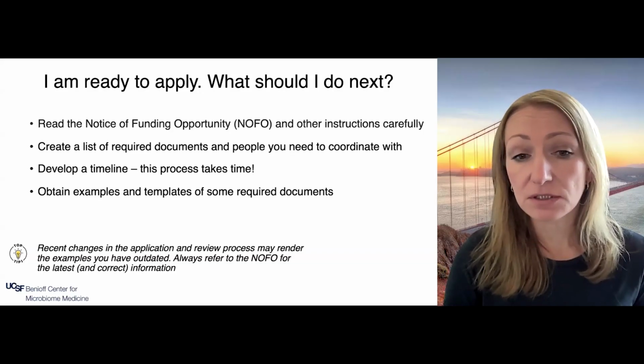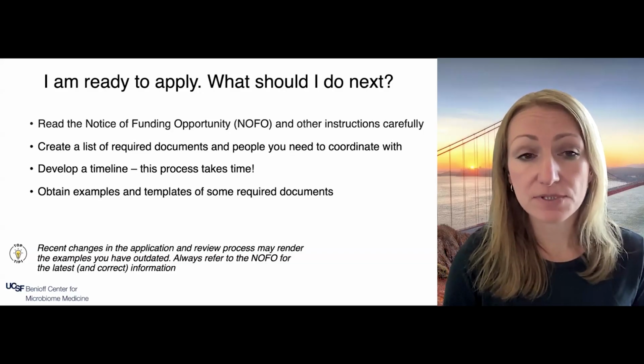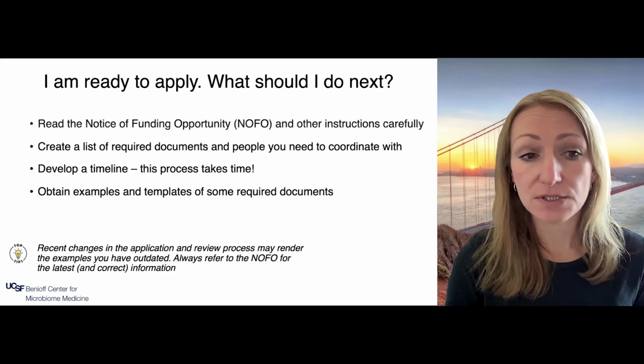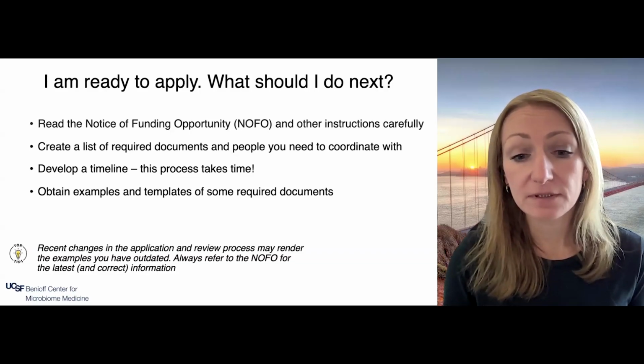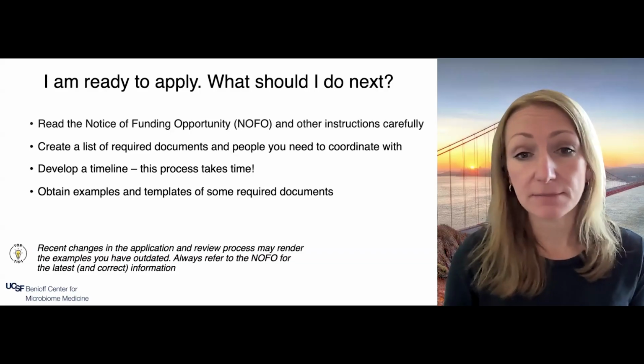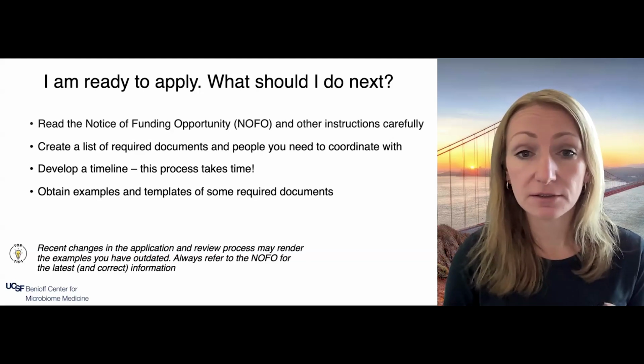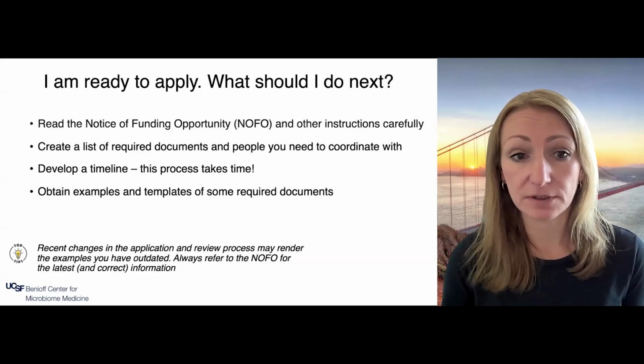And additionally, you can also obtain examples and templates from your institution, from your mentor, or from previous people in the lab, for example, or in the department that have submitted such applications. These are great resources to start building your application.